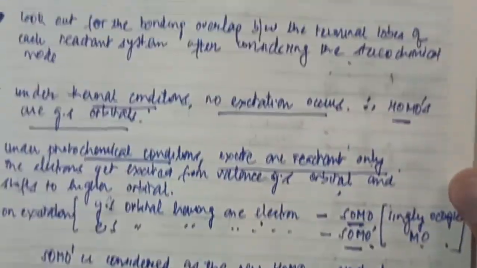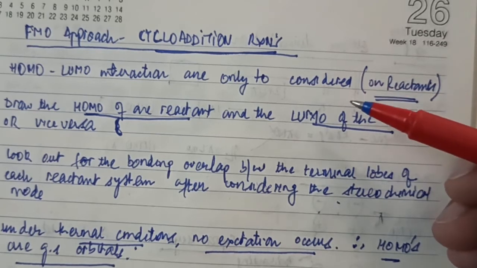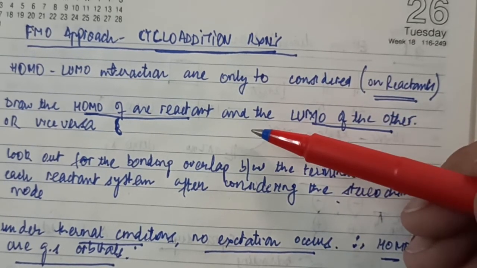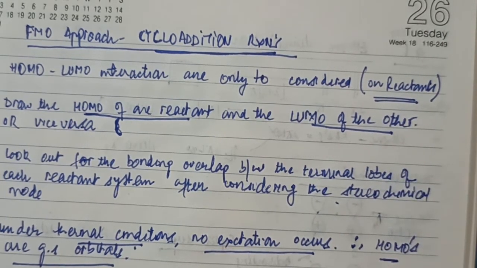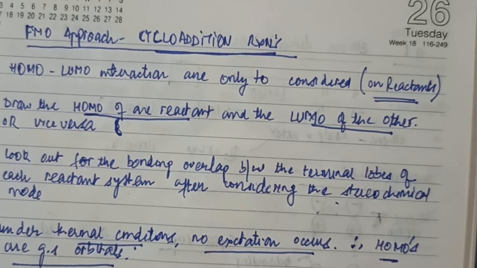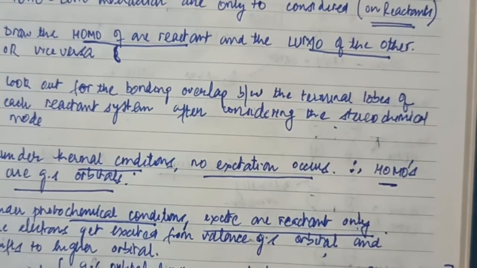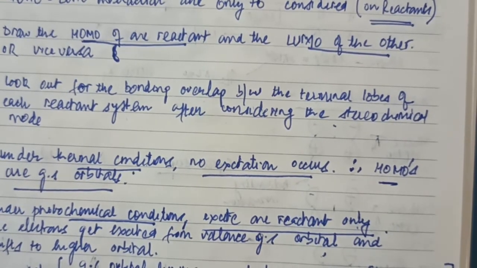The FMO approach is basically based on the fact that in the case of cycloadditions, consider only HOMO-LUMO interaction: draw HOMO of one reactant and LUMO of the other, or vice versa, HOMO of the first with LUMO of the second, or LUMO of the first with HOMO of the second. Then look out at the bonding interactions between these two orbitals considering the stereochemical mode.